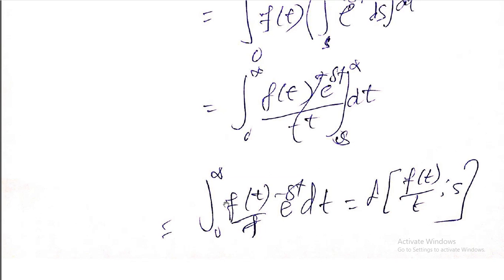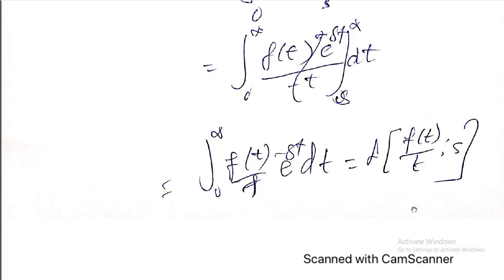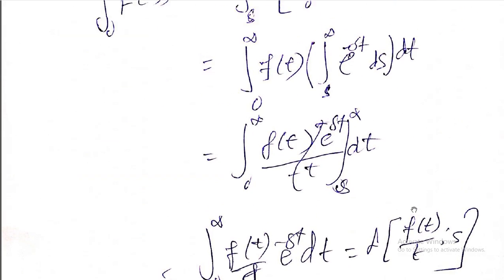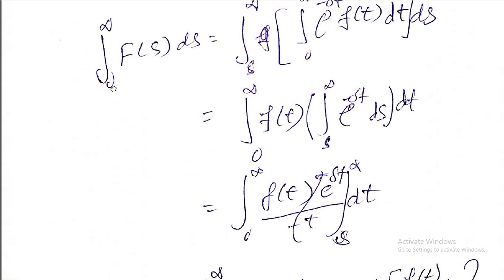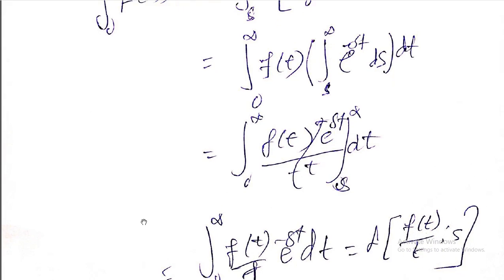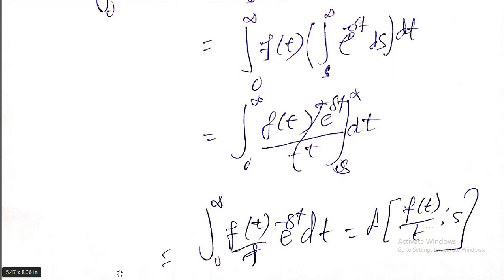So this is the Laplace of f of t, which is equal to the left hand side, the integral from s to infinity of F of s ds. So this integral from s to infinity of F of s ds is equal to the Laplace of f of t divided by t.